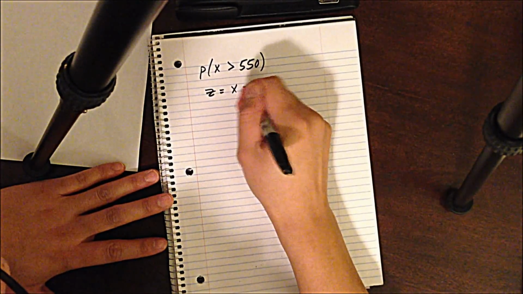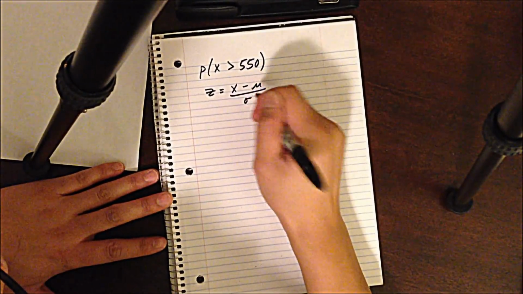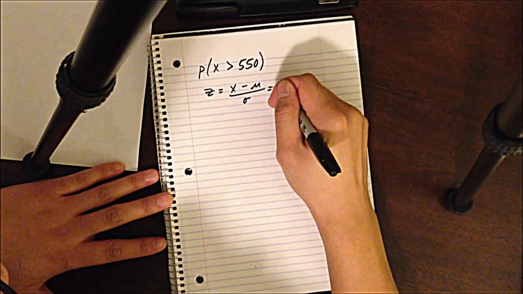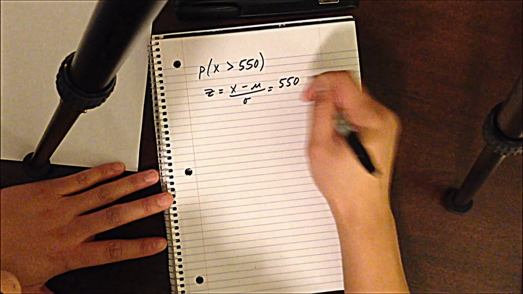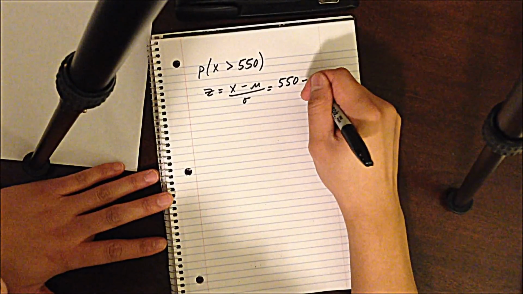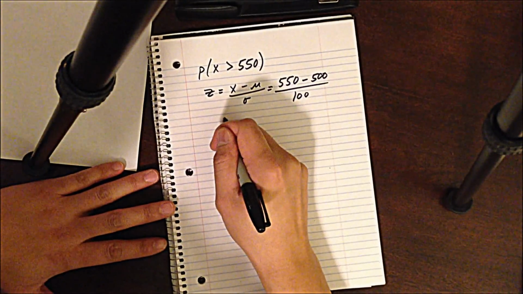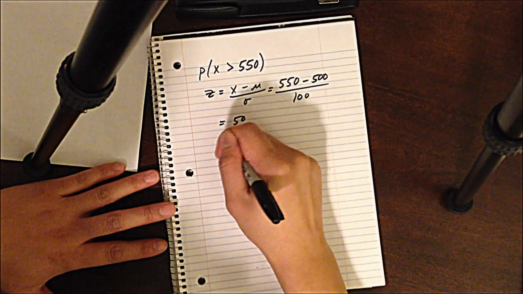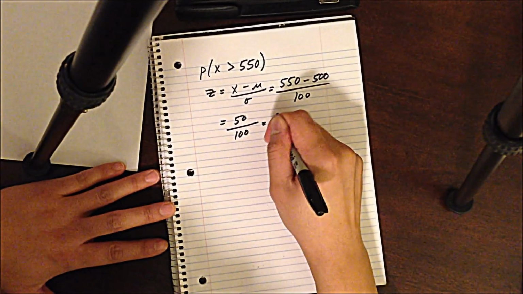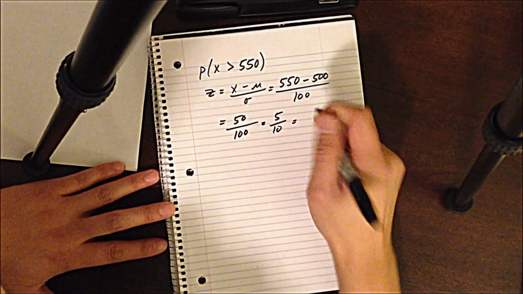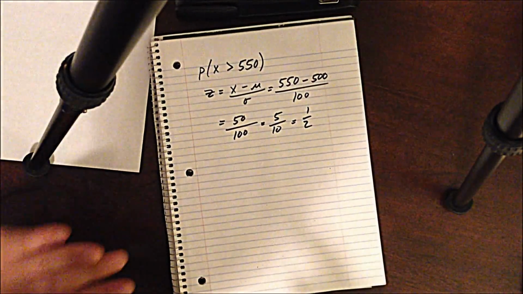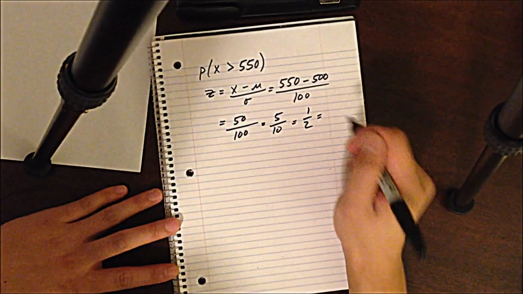Z equals X minus mu over standard deviation. Plug in your known values. 550 minus the mu was 500 over 100. Alright, so 50 over 100 equals 5 over 10 equals 1/2. Okay? Or 0.5.